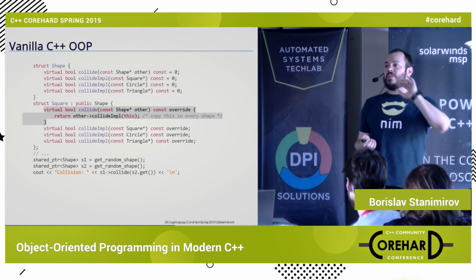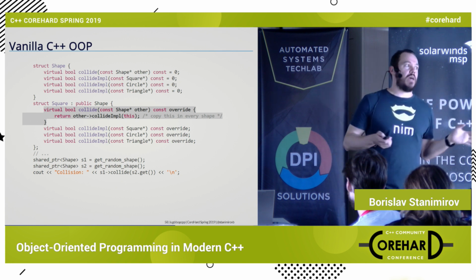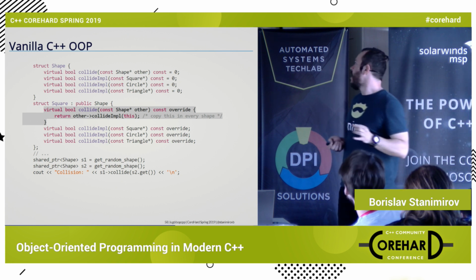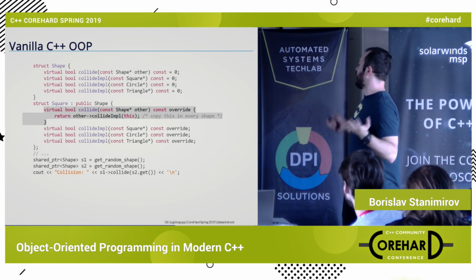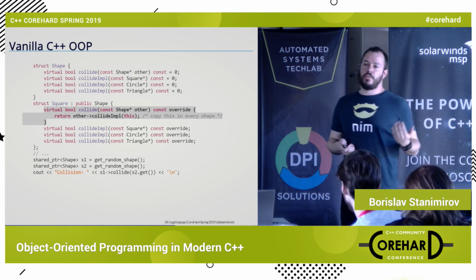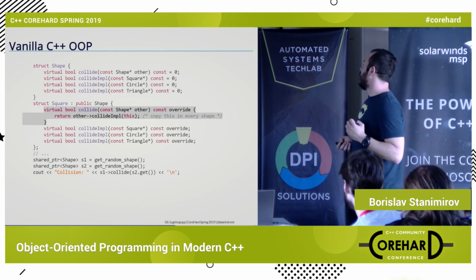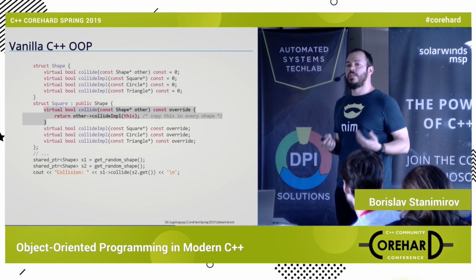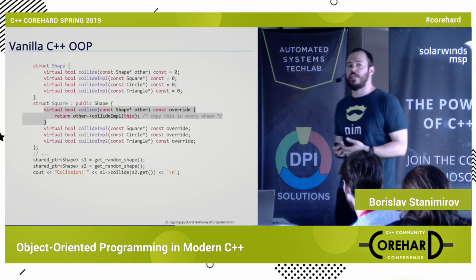So you have this implementation of collide, and then concrete implementations for every possible type which can collide. And then in the classes derived from the basic shape, you override the collide function, so it can call itself with the strongly typed argument, so it can make the dispatch appropriately.